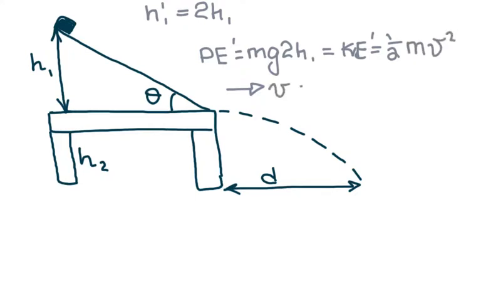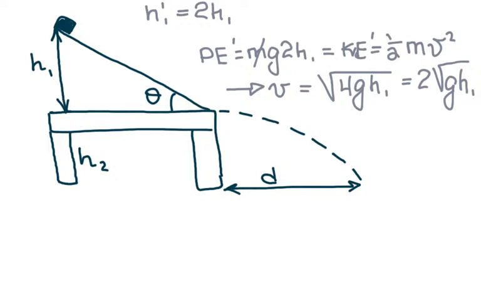I can cancel m from both sides, and the velocity will be equal to the square root of 4gh1, which is equal to 2 times the square root of gh1. But originally, it wasn't twice h1.